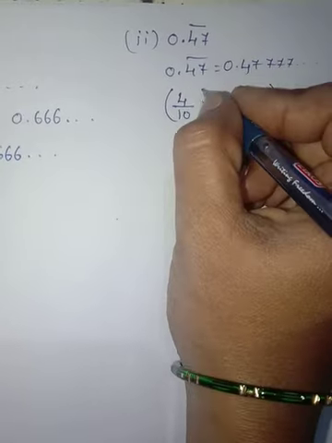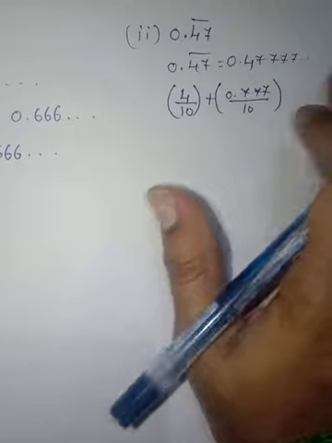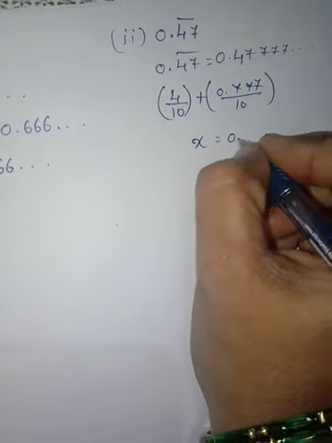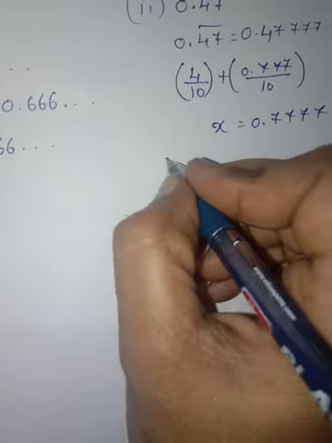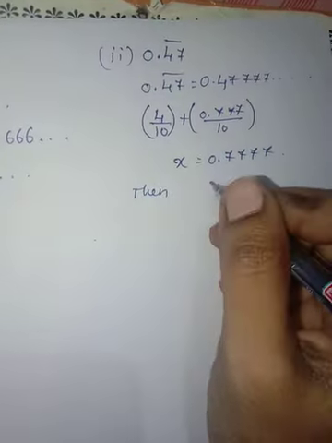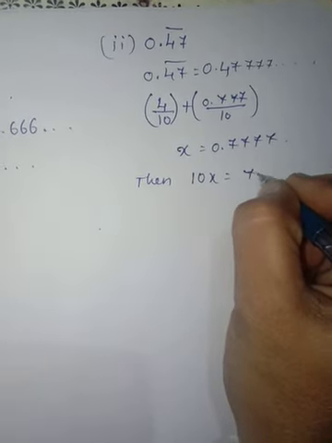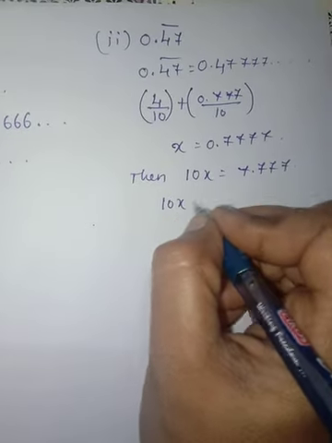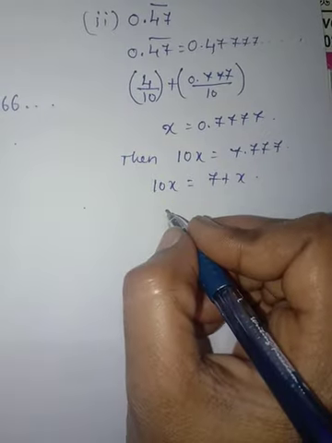Next, the value of x is equal to 0.777. Then the same procedure, multiplying both sides by 10, that is 10x is equal to 7.777. Then 10x is equal to 7 plus x, the same thing.